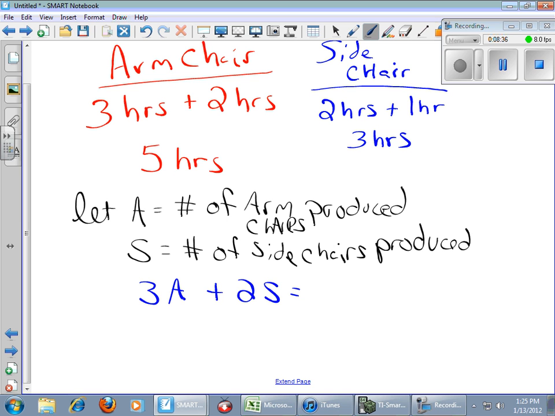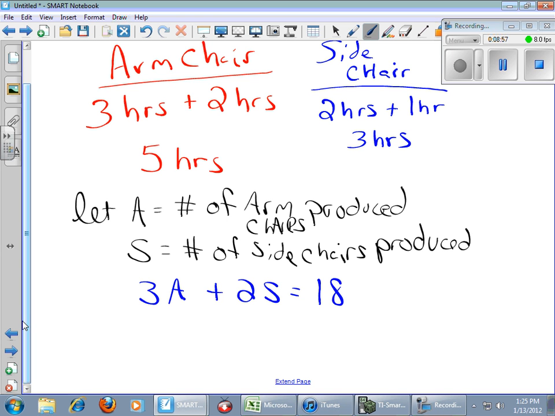And the total time for building, where is it at here? There are 18 hours for building. So that's got to equal 18. Okay. The number of armchairs I build and the number of side chairs is the time it takes to do both those things cannot be more than 18 hours. Why? Because that's what the story said.